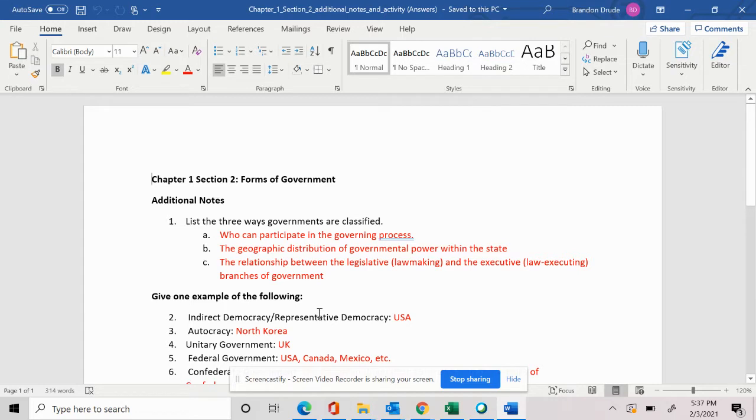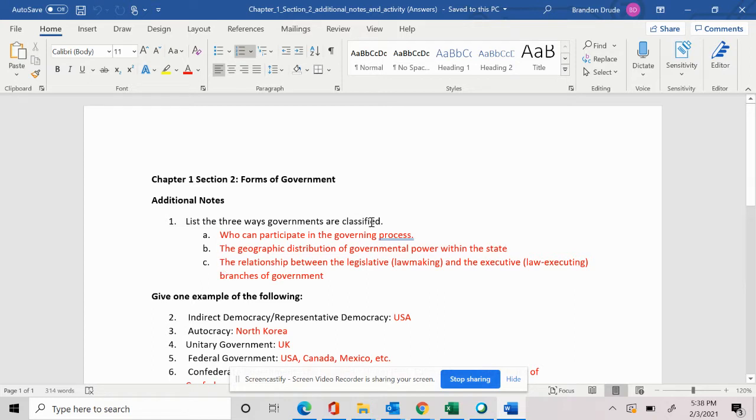And then there's federal governments. Federal governments meet in the middle. They share power between the central and local governments. Again, I covered that in great detail in my previous videos on our outline, both with the outline itself and our nice little visual Mrs. Lucas provided for us.